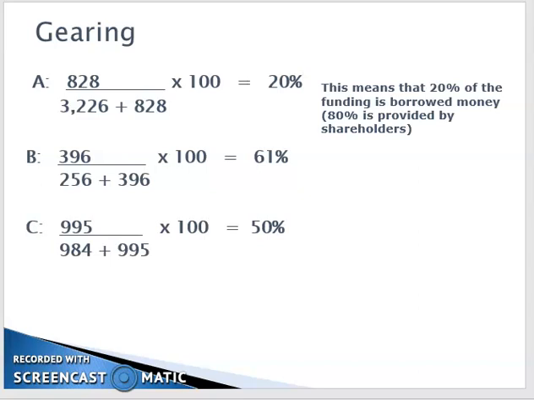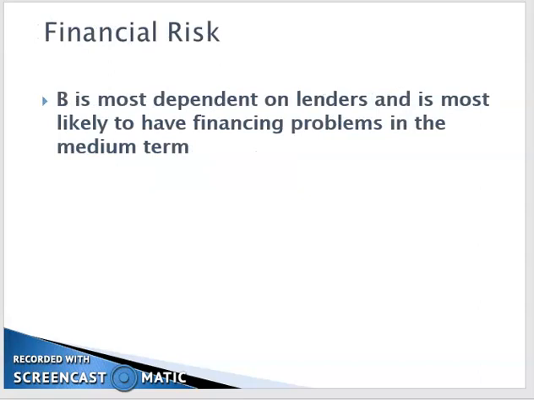The 20% for A means that 20% of the funding is borrowed money, or that 80% of it is provided by the shareholders. So of these three companies, B has the biggest ratio. B is most dependent on lenders and is most likely to have financing problems in the medium term.